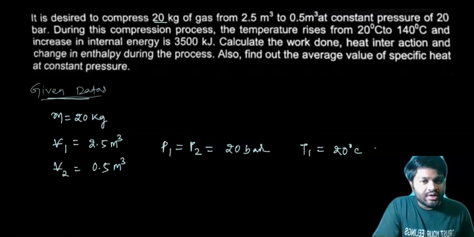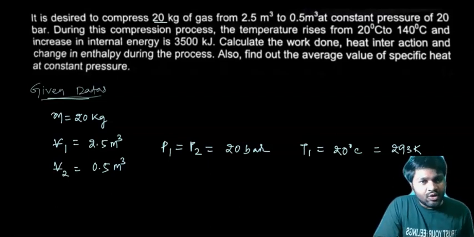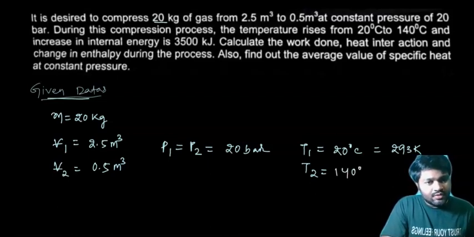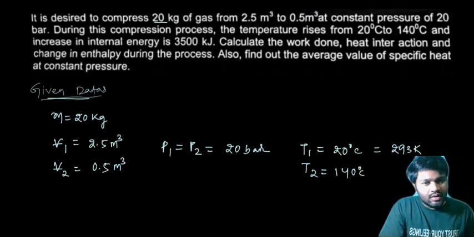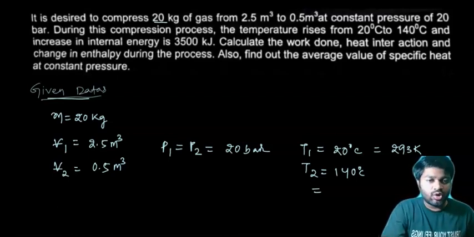If we want to write in terms of Kelvin, then we can write this as 293 Kelvin. That is 20 plus 273. So that will be giving us 293 Kelvin, right? Okay. And the final temperature is also given. So T2 is equal to 140 degrees centigrade, and that will be equal to 140 plus 273. So that will be giving us 413 Kelvin.